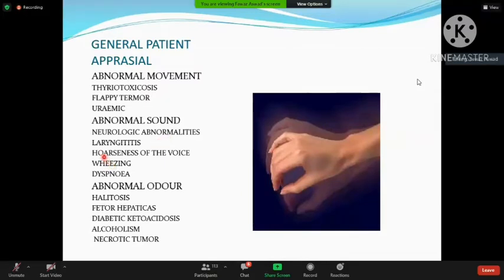Even sometimes when you are going to speak with the patient, you could notice that there will be hoarseness or صوت الحصان of the patient. It mostly occurs if the patient is complaining of laryngitis infection, or if the patient is excessively smoking or alcoholic, or even if the patient has had a surgical operation to the thyroid area or to the laryngeal area also.